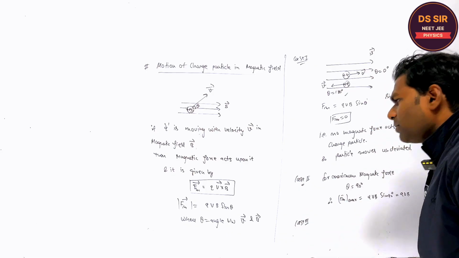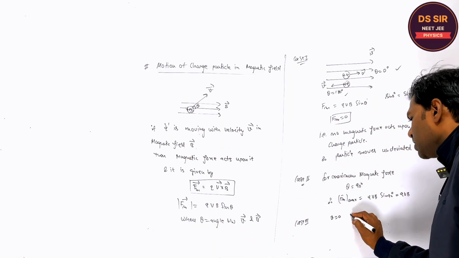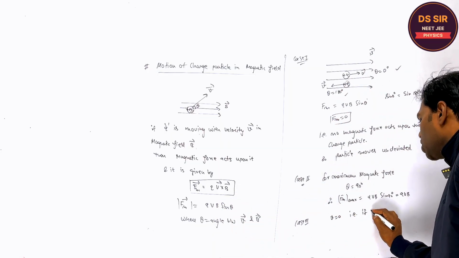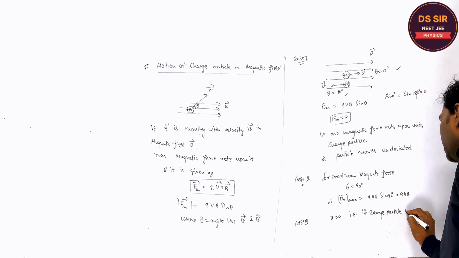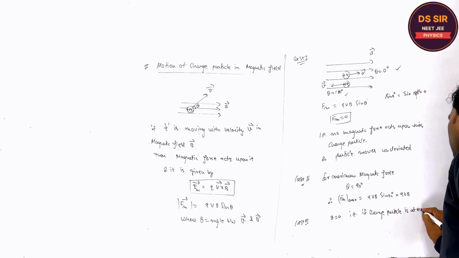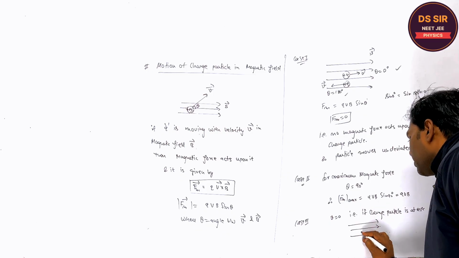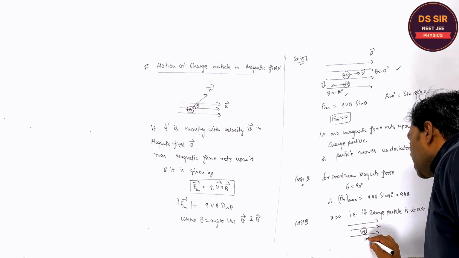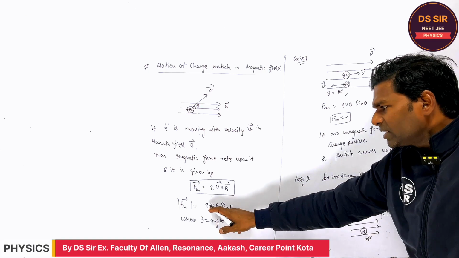If the charged particle is at rest, what does it mean? Suppose this is the magnetic field, and this is the charged particle, and it is at rest, it is not moving.